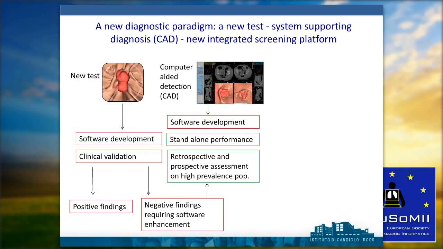So there are quite a few examples of how CAD systems have been tested retrospectively, which means in a laboratory milieu. You would put radiologists inside a reading room and they would just report examinations with and without the CAD.